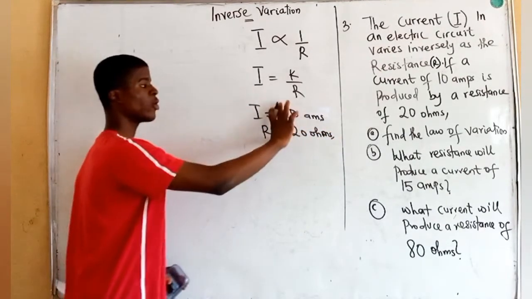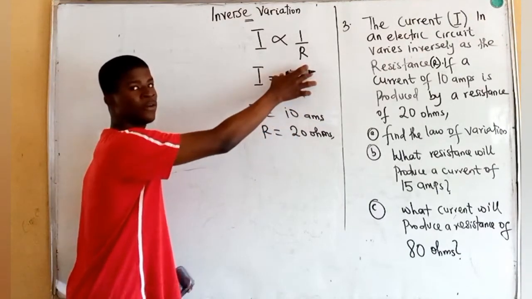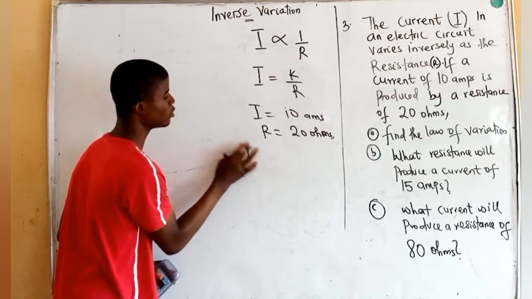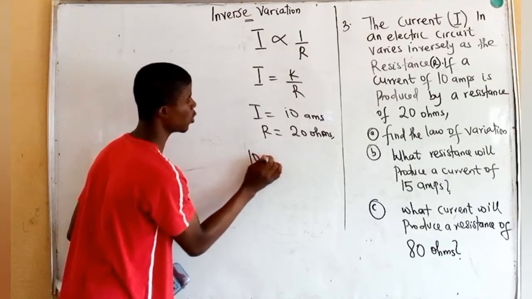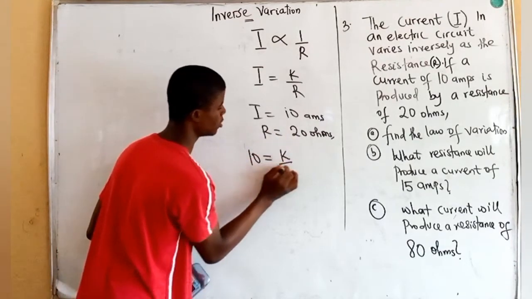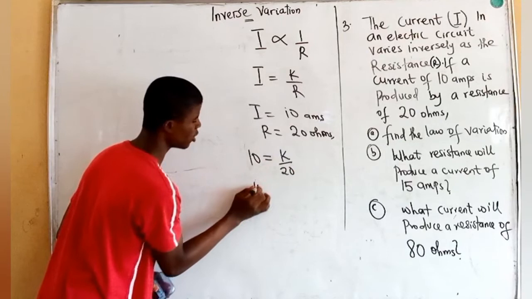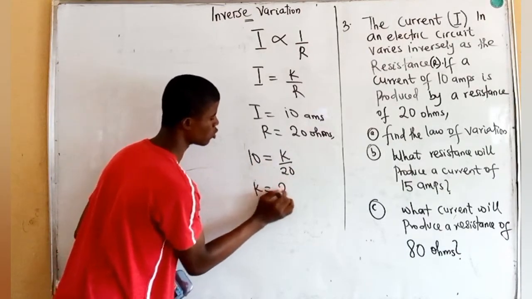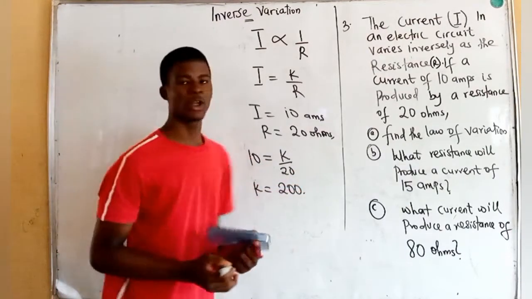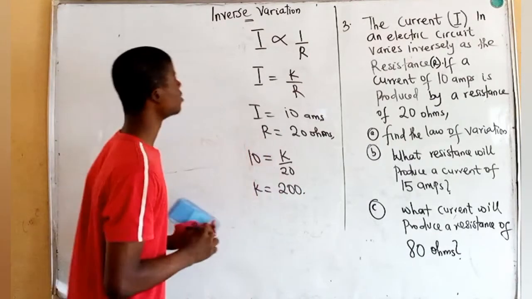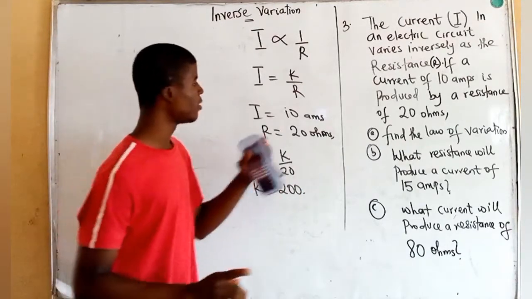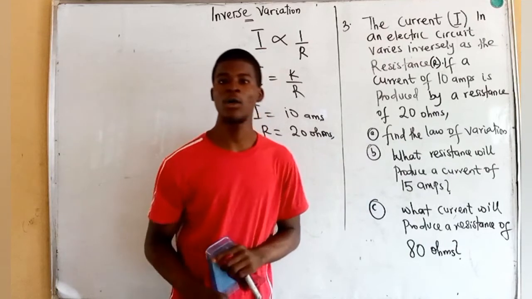These values are going to help us find the constant of variation K. So I, which is 10, is equal to K over R, which is 20. So K is equal to 10 times 20, that's 200. So the constant of variation is 200. Now, first question, find the law of variation.